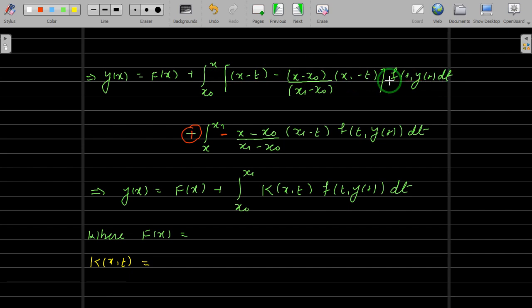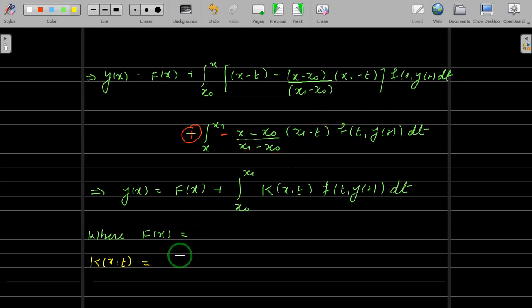That means those limits from x0 to x are for t. So we can say if t is less than x, this is what you have. And again, the limits for t here are from x to x1. So when t is greater than x, you have this as your function k x t. Let me first write it.